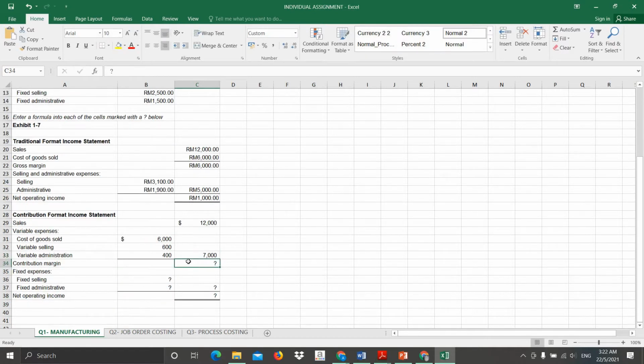Okay, to calculate contribution margin, we need to minus sales with variable expenses.